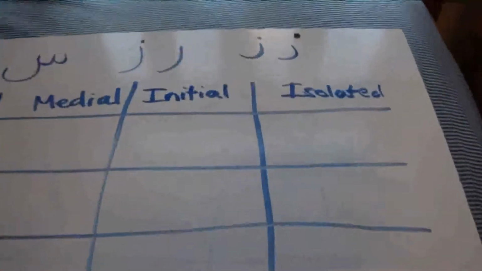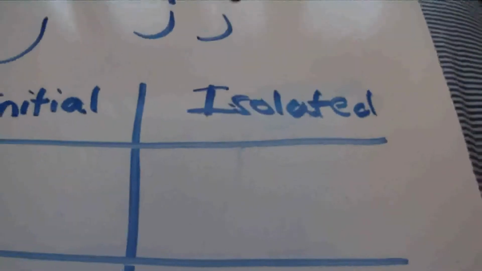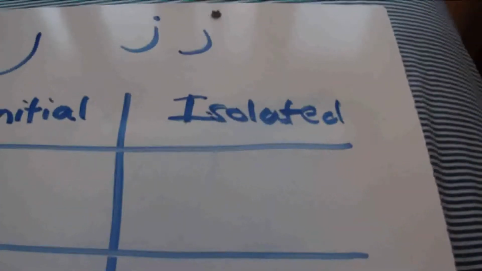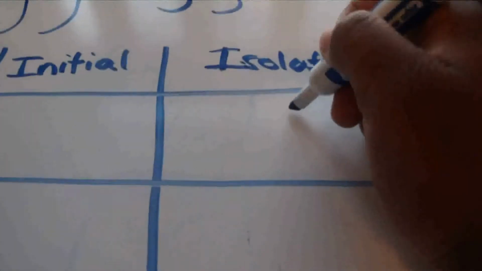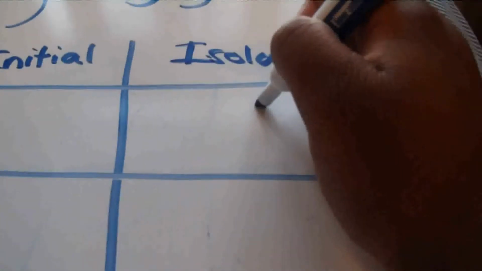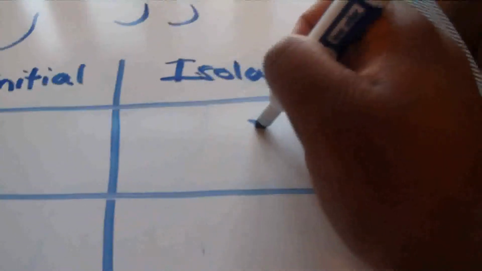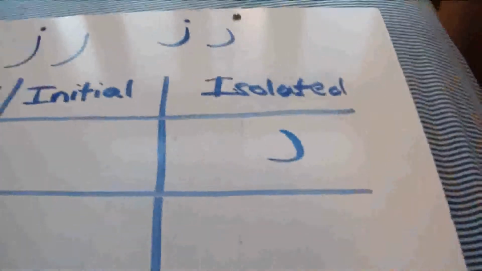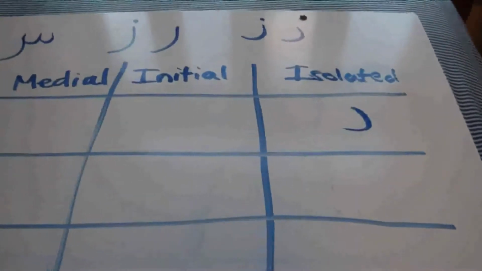First, let's start with the letter Daal. So Daal is the letter in modern standard Arabic which makes the D sound in English. So isolated, it looks just like this. So you kind of just, starting with your pen on the paper, move it down to the right slightly, and then make a curve to the left, and make a kind of flat bottom for the letter.